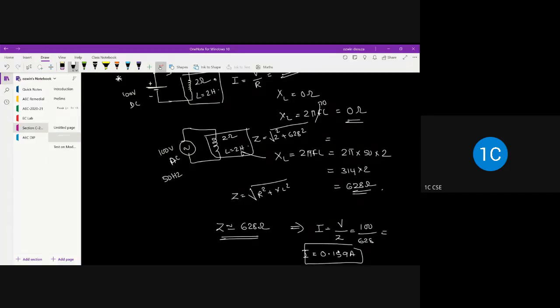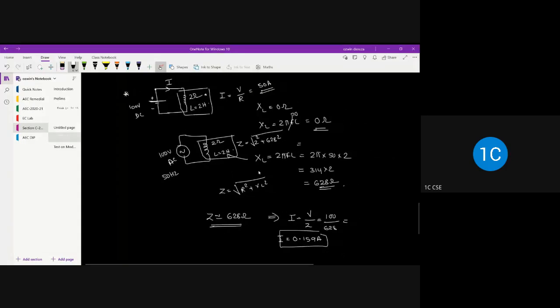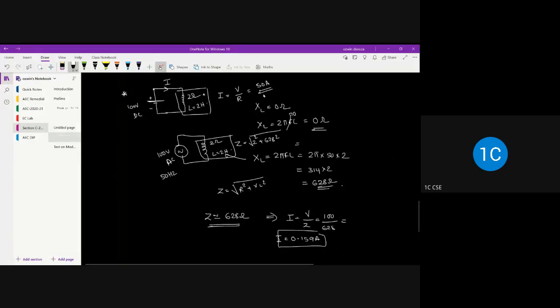Now you tell me what will happen if you connect a DC supply to a transformer, and what will happen if you connect an AC supply to a transformer. With the DC supply, the current drawn by the inductor was 50 amperes. This 50 ampere current is very, very high, and your inductor may not be able to sustain that much current.